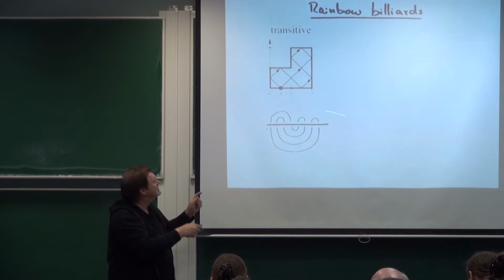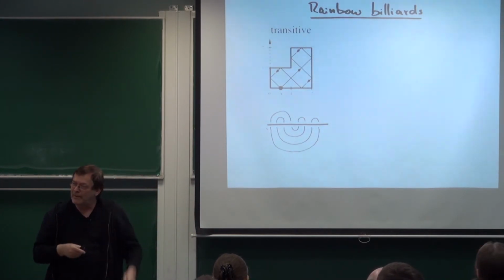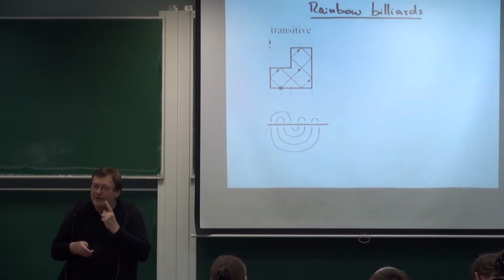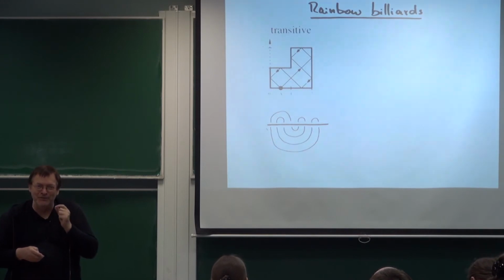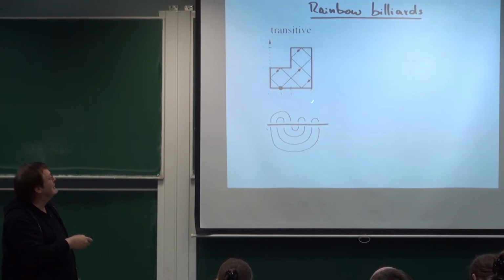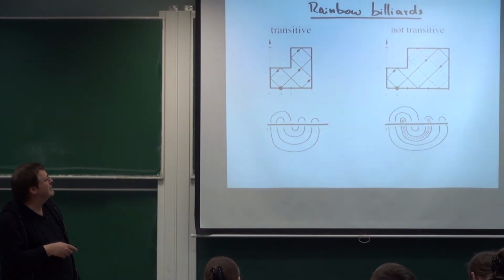So I close this horizontal line to become the boundary of my billiard, and there's a one-to-one correspondence between the two, if I choose the right shape of the billiard. Okay? So this does not work. Of course, the reflection here depends on the shape of the billiard, and the shape has to be chosen smartly enough that these meanders correspond to the billiard in that shape.